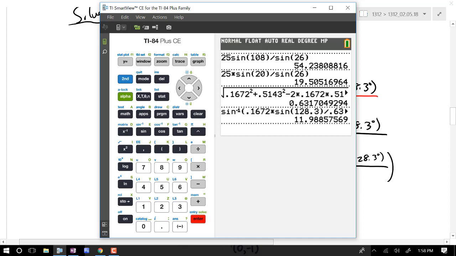So 11.99, or, we're finding an angle, so maybe I'll call that 12.0.